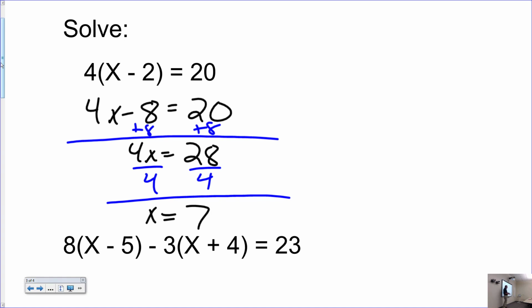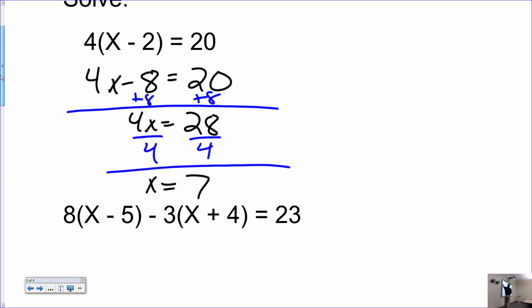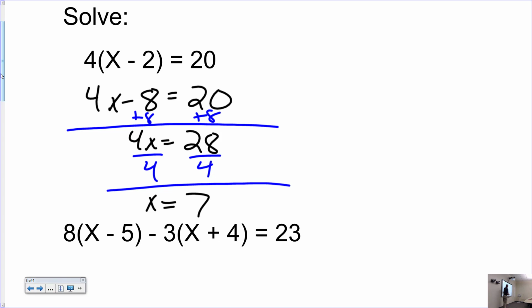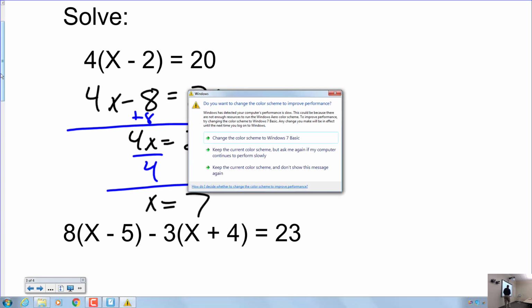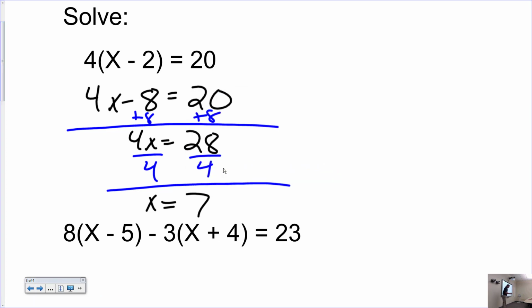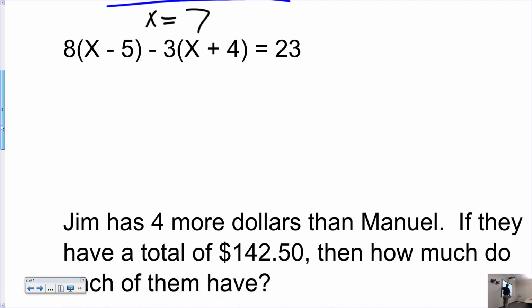Okay? Looks good. We feel like that's the right answer. Just check. Because you might make one of those accidental mistakes where you divide 28 by 4, and for whatever reason it turns into 24. Because what did you do instead of divide? You subtracted. It happens, folks, right? So, check. All right? How about the next one?